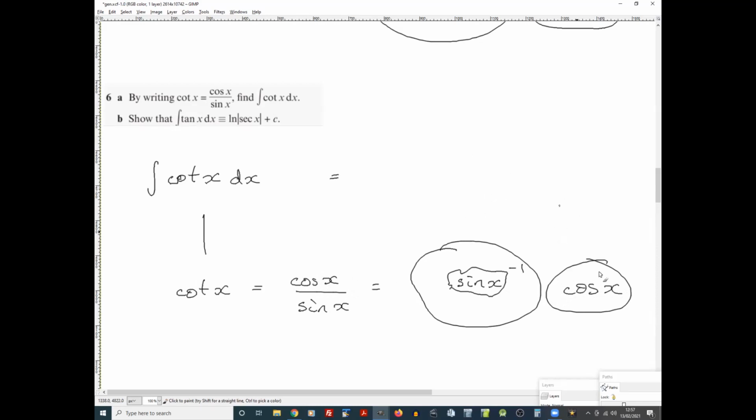It'll be cos x, because ln sine x. But even before deciding on ln, you could be putting the sine x there.